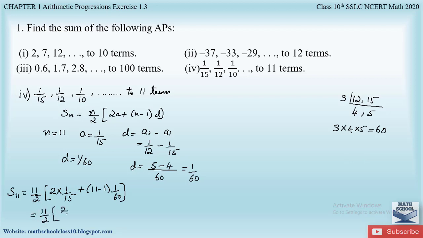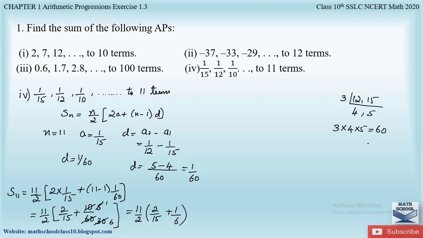So 2 divided by 15 plus, 11 minus 1 is 10 divided by 60. So 5 1s are 5, 5 6s are 30. We will get 11 divided by 2 into (2 divided by 15 plus 1 divided by 6).